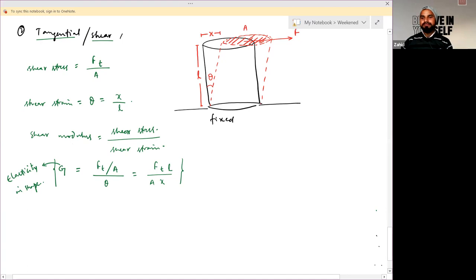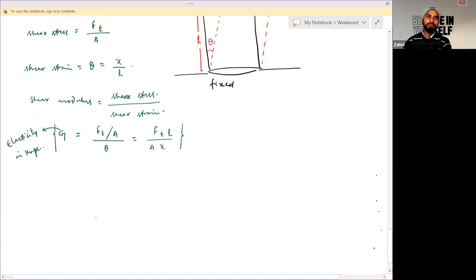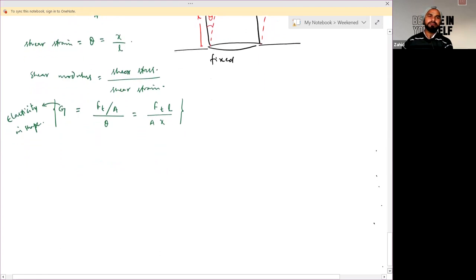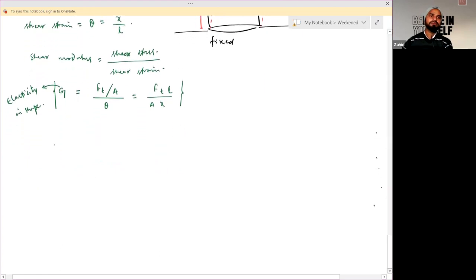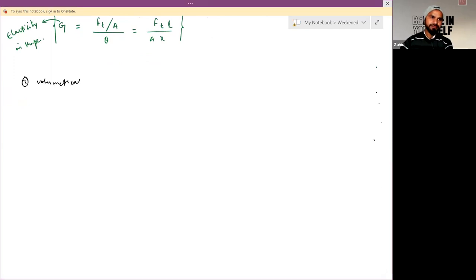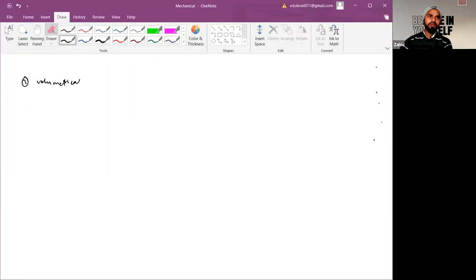Similarly, we may define third part, that is called volumetric or cubical.